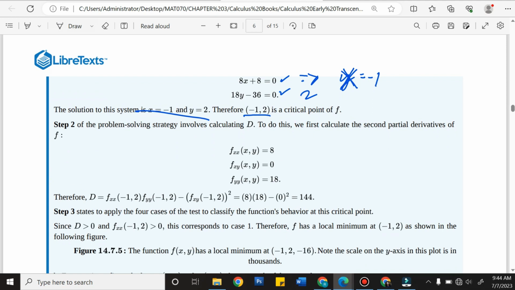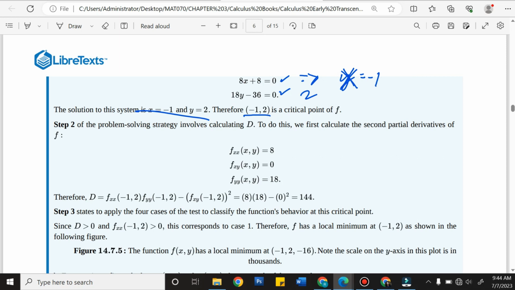After getting the critical point, class, you now proceed to step 2, which is computing D. To calculate D, we have the second derivatives for x and y. Instead of 8x plus 8, you will only have 8.